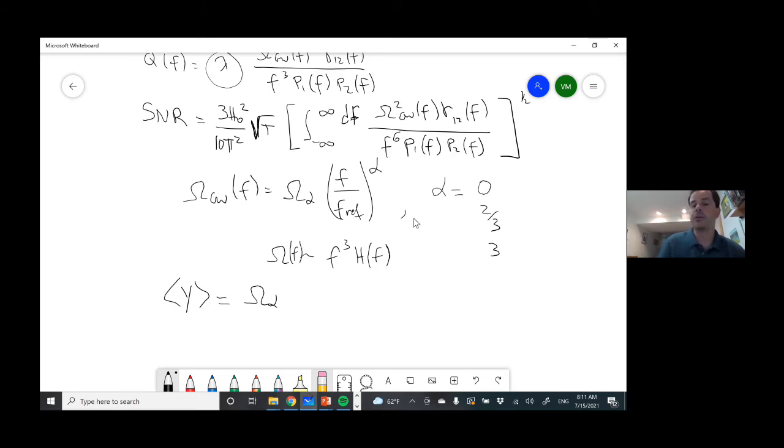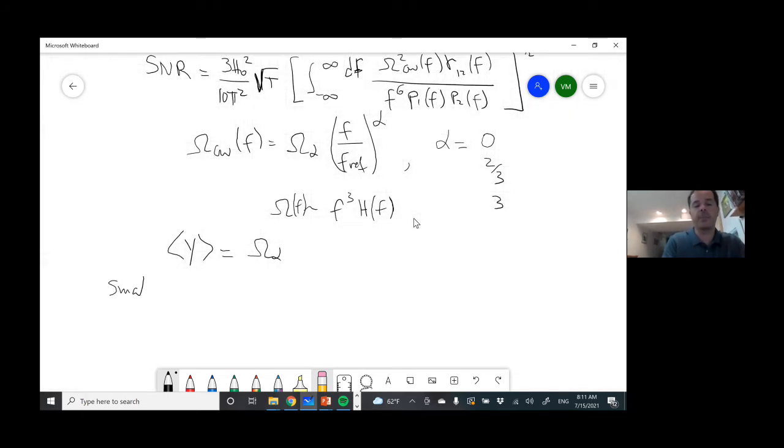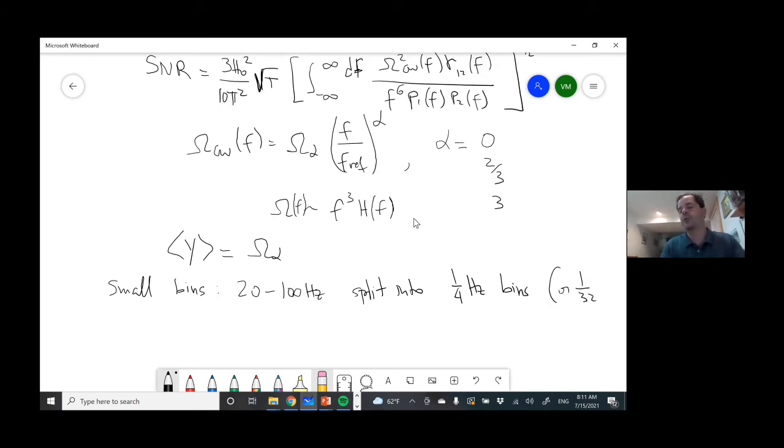But you can also do the analysis, as we said yesterday, in small frequency bins. By small bins, typically we would take this frequency band from 20 to, let's say, 100 hertz, and then we split it into, let's say, quarter hertz bins. Or sometimes we use 1/32 hertz bins, or sometimes we use 1 hertz bins.